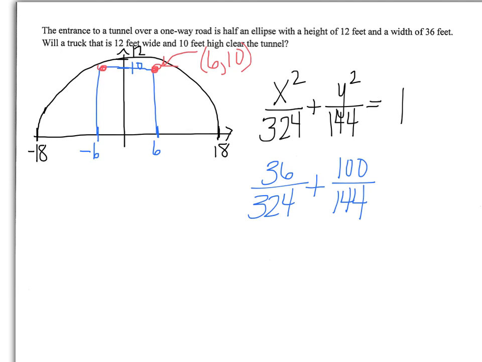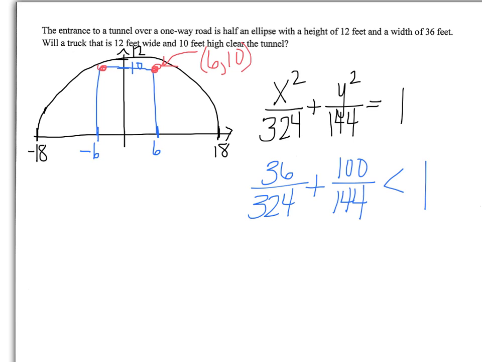Now if this sum is equal to 1, that means this point is right on the edge of the ellipse. So we need this point to be inside the ellipse, or otherwise, as an inequality, it has to be less than 1 for the truck to fit in the tunnel.